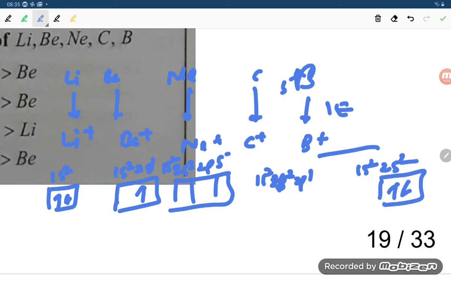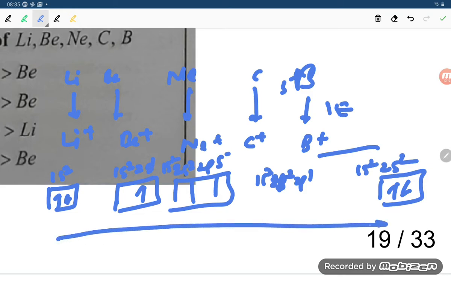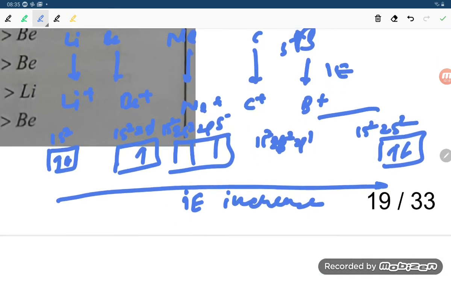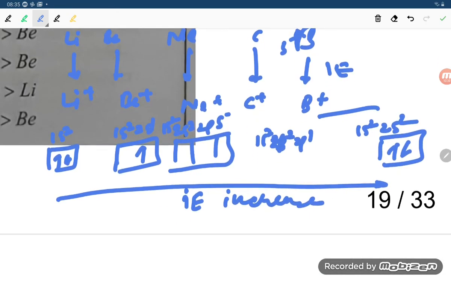When you are moving left to right, what is happening to ionization enthalpy? IE increases. Firstly, which has the highest IE? Lithium is more stable, and the 1s electron is closer to the nucleus, so there is more attraction force.